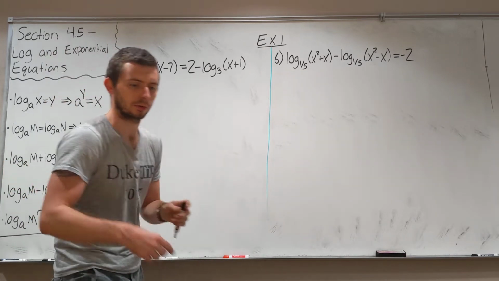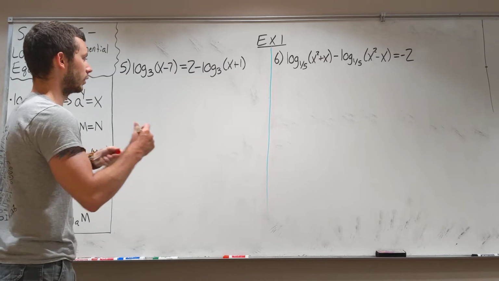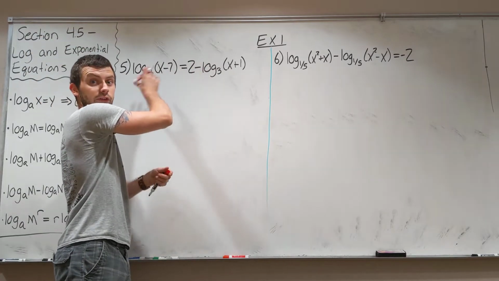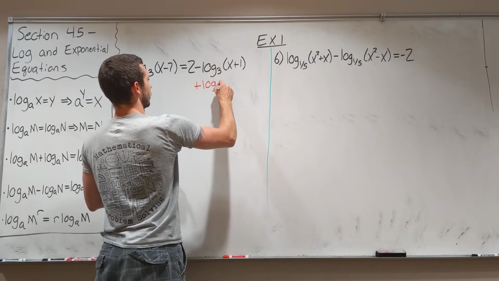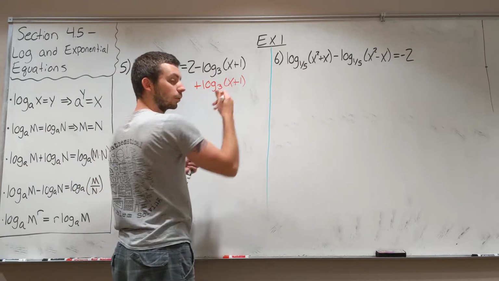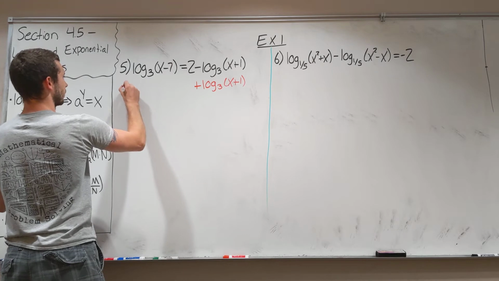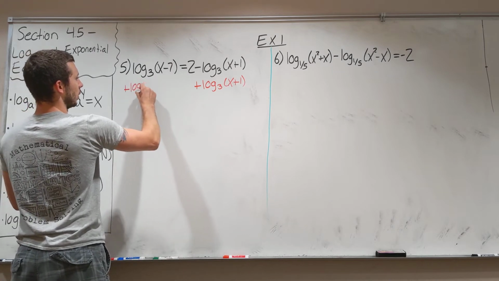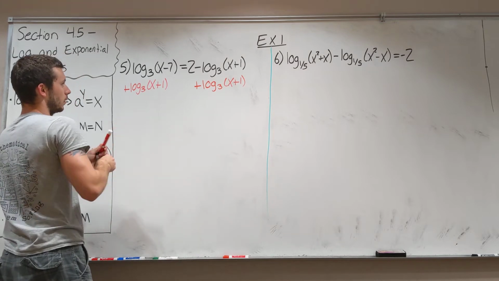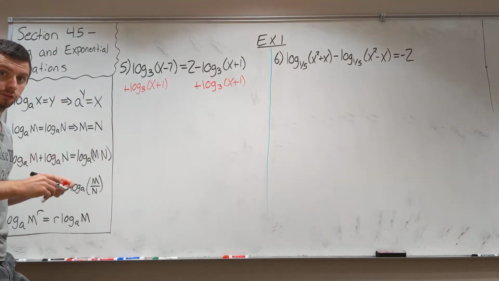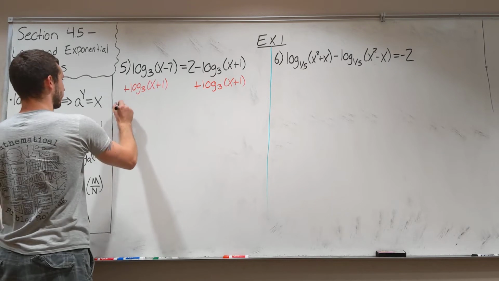So the idea, or the motivation here rather, is let's go ahead and get these logarithms on the same exact side. So we'll go ahead and add log base 3 of x plus 1, that whole term, on both sides, so we can get the logarithms right next to each other. And so now the left-hand side is going to have both logs.